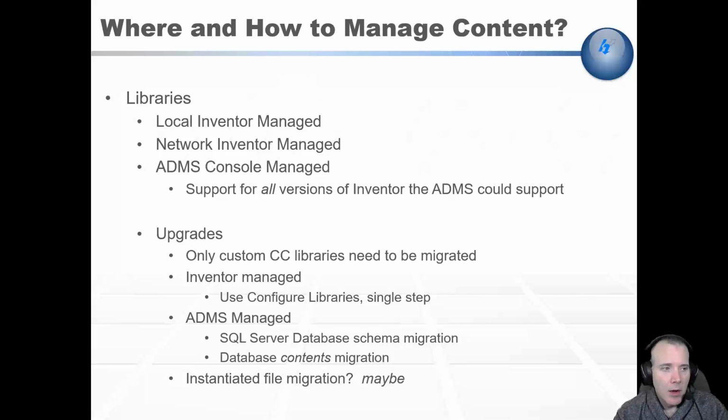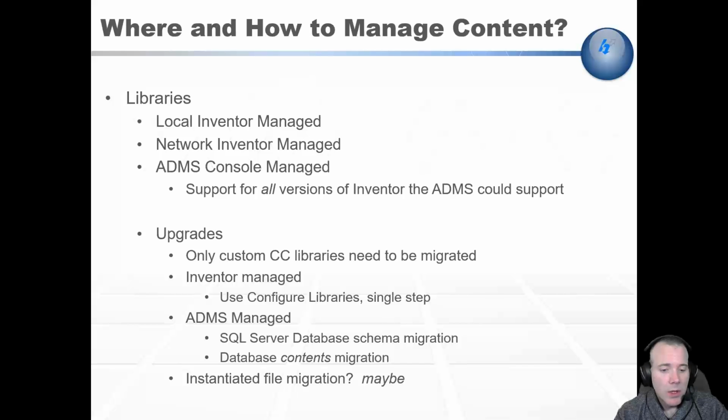They could be what I would call local Inventor managed, meaning you have copies of these IDCL files on your computer, or those IDCL files could be on the network. That would be the second way. So a shared location. The reason you would do that is because in addition to the standard libraries, we can also create custom libraries where we can publish our own content or copy standard content and modify that standard content.